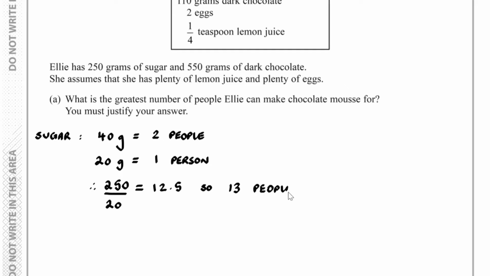Now let's apply the same argument with chocolate. With chocolate, we've got 110 grams for 2 people, and therefore for 1 person we require 55 grams.